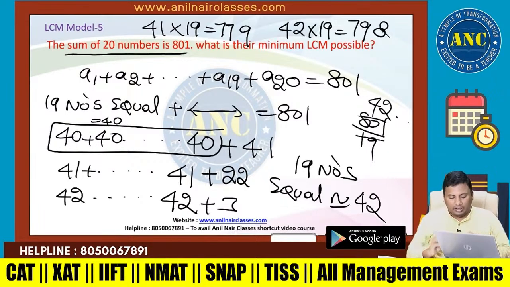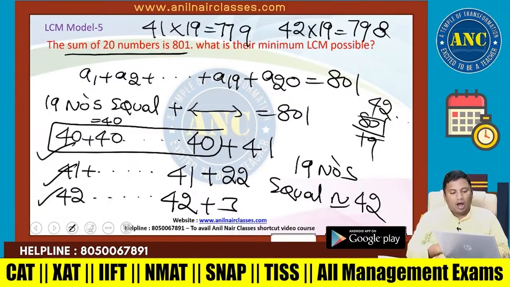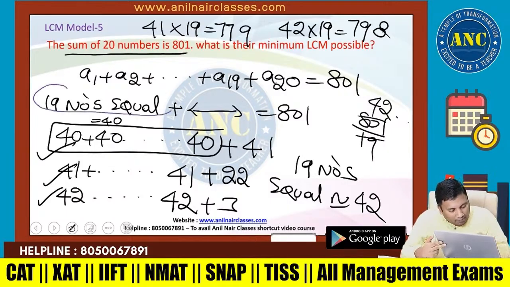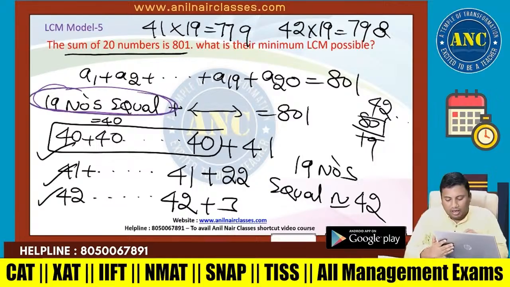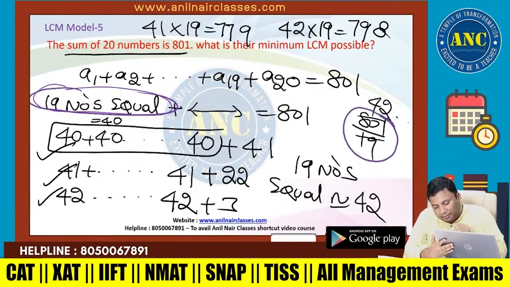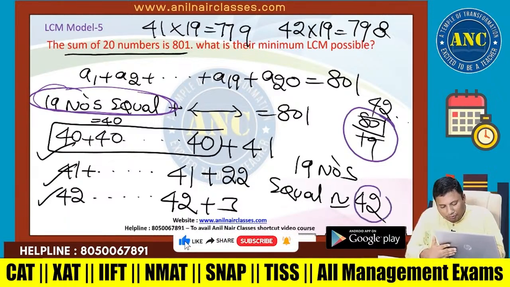How did you get 40, 41, 42? All the 20 numbers cannot be equal, so 19 numbers need to be equal. If the 19 numbers are to be equal, 801 divided by 19 is closer to 42.